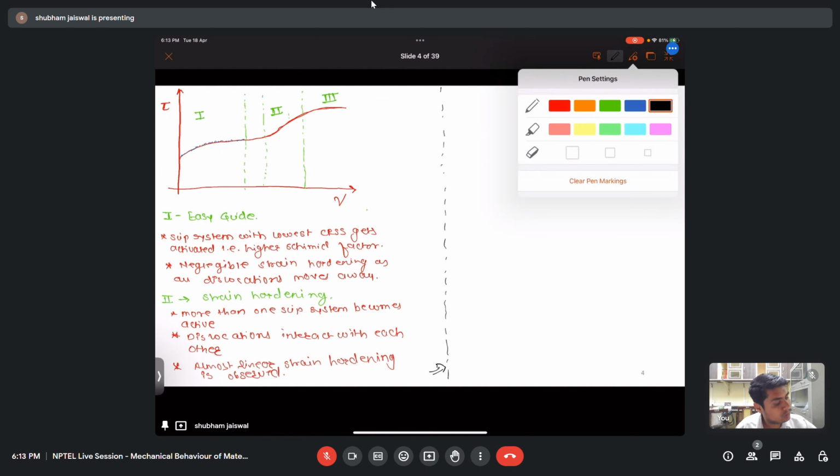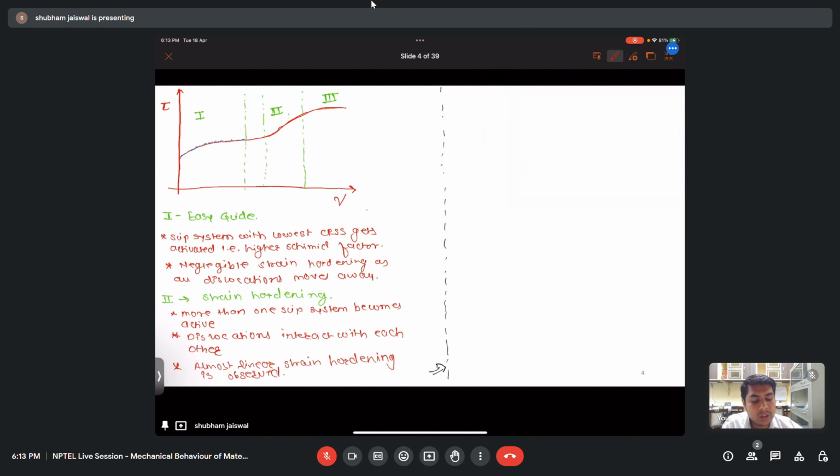So almost linear strain hardening is observed, and the main mechanism of strengthening is pile up of dislocations.